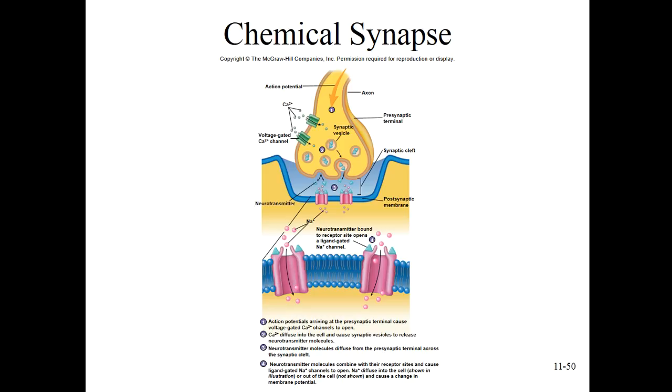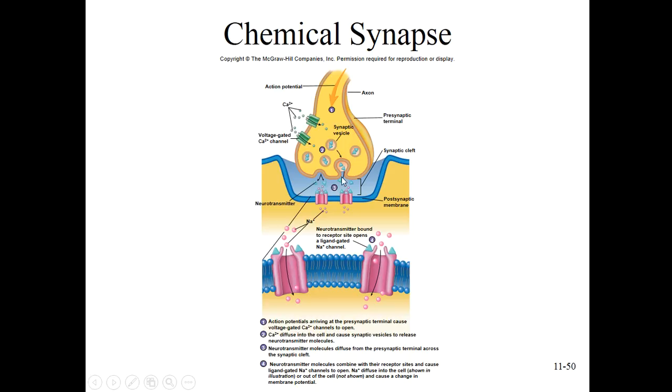Although this process might be a little bit complicated, this is what you need to understand. With the arrival of the action potential onto the synaptic knob, or presynaptic terminal, voltage-gated calcium channels are opened, allowing calcium to rush in and cause synaptic vesicles to exocytose their neurotransmitter.